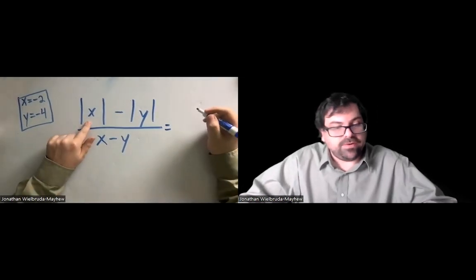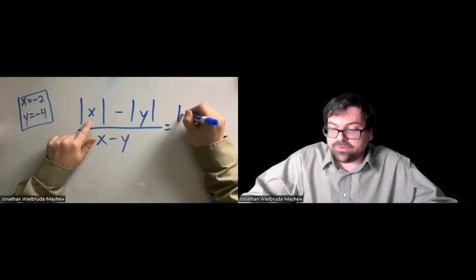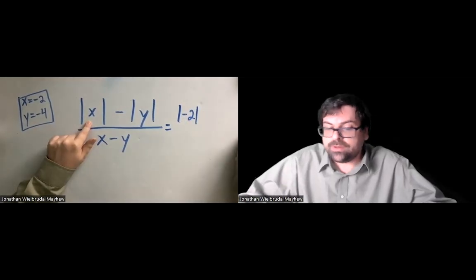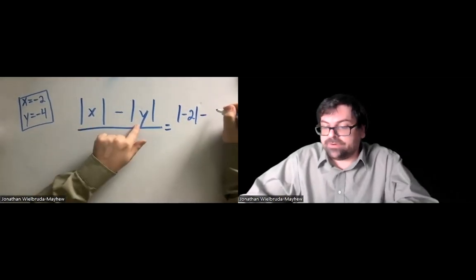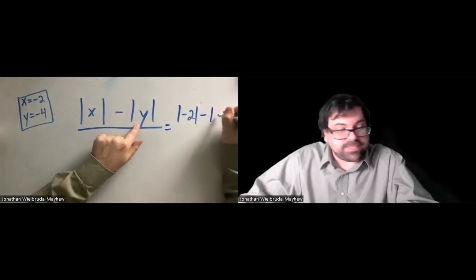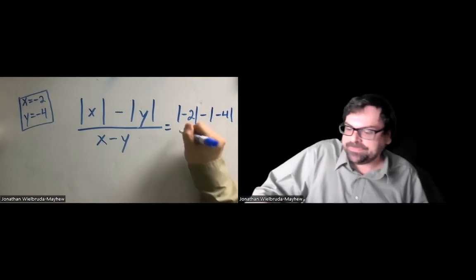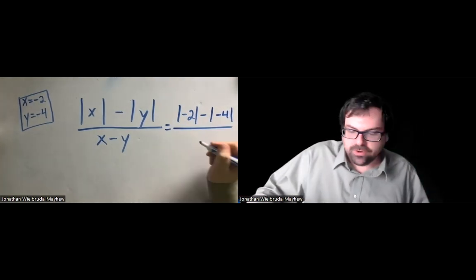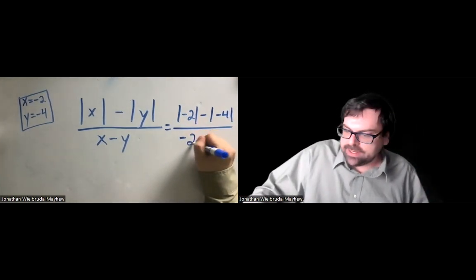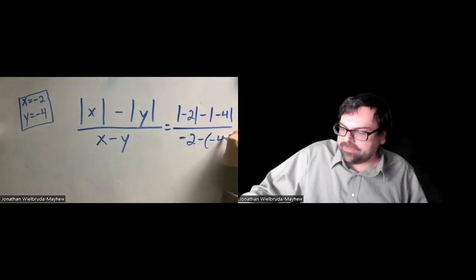The absolute value of x would be the absolute value of -2. The absolute value of y would be the absolute value of -4. All over x minus y, -2 minus -4.